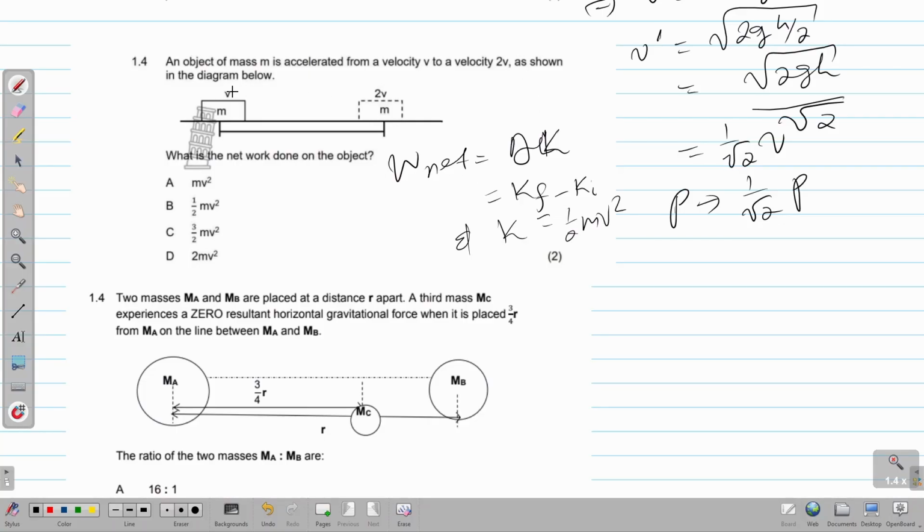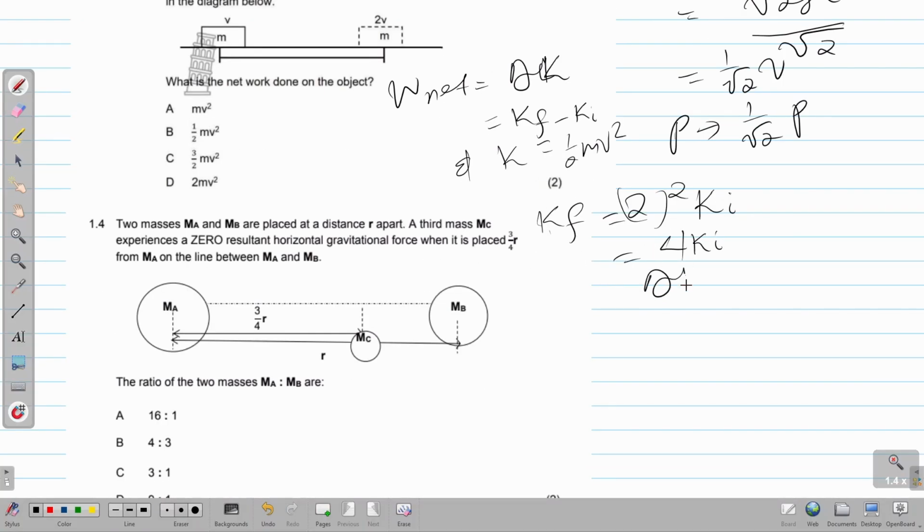Since the kinetic energy is directly proportional to the square of velocity, if this is our initial kinetic energy, then if I double v, my final kinetic energy is going to be 4 times the initial kinetic energy there.